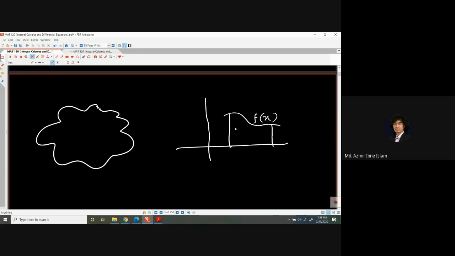So you can easily say that the area that we have here is not a rectangle, rather we have a curved shape. So what should we do if we need to find the area for this type of shape? Or for this one, what will be the area A? These are the things that are discussed in integral calculus.